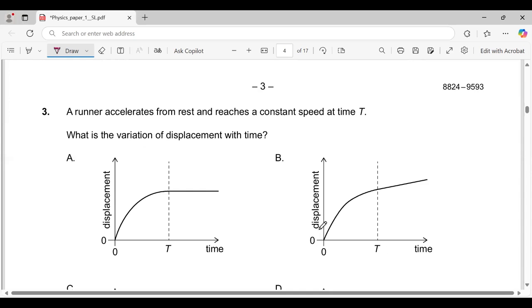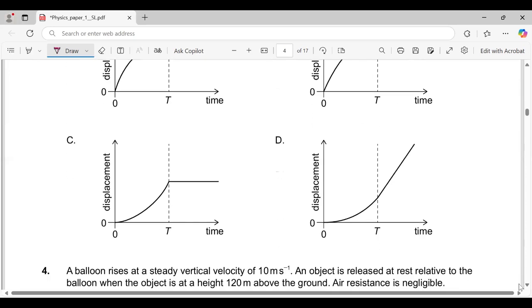At t, the displacement is not constant. C, at point t, the runner takes a rest, it stops. And the solution is D because at time t, the runner's displacement is constant.